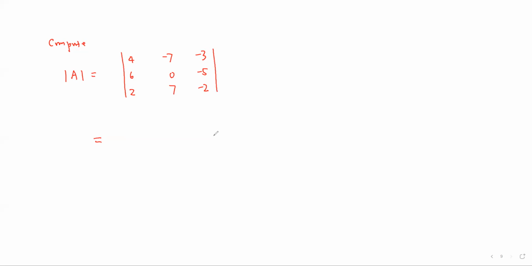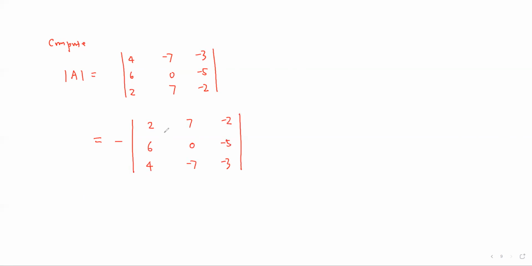I first switch the first row and the third row. When I switch, add a minus sign. Second row, not change. But the first row now becomes the third row. Perform elimination now.